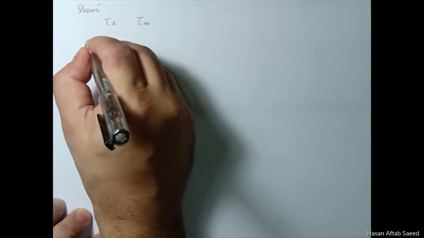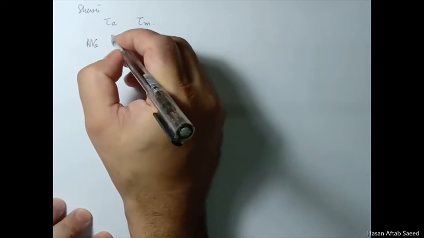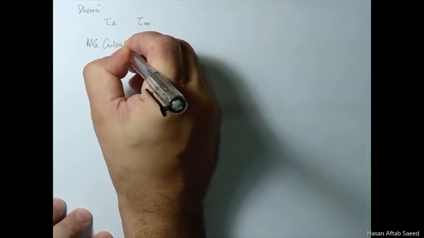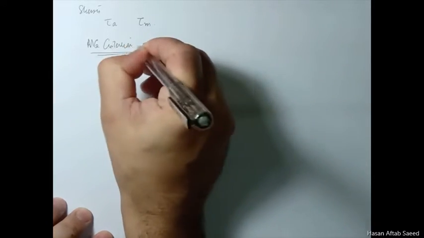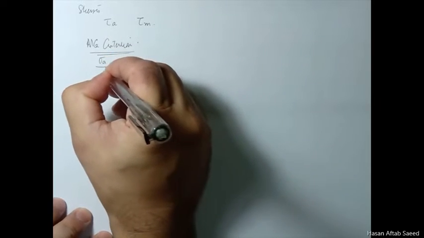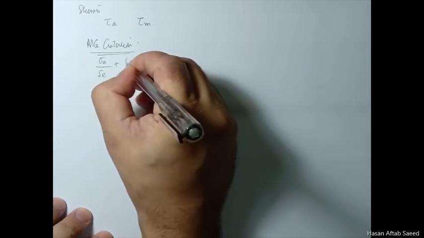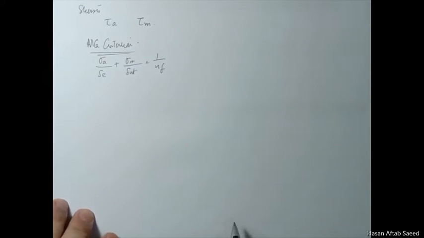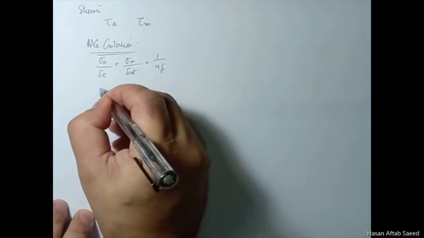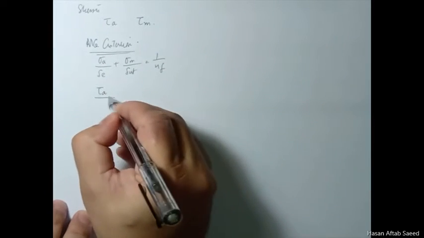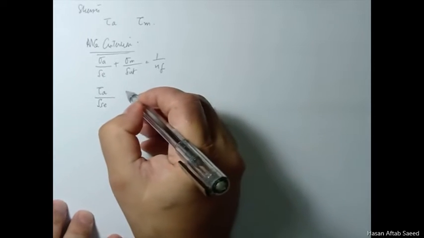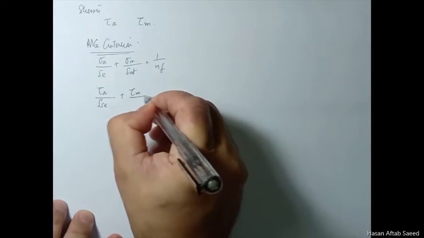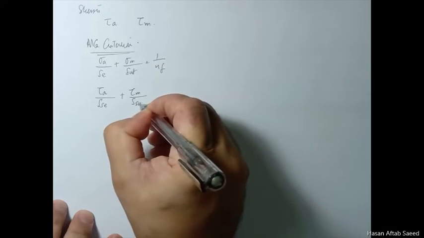If you recall the modified Goodman criterion for your normal stress case, it was something like sigma A over SE plus sigma M over SUT is equal to 1 over NF. This was your equation for the modified Goodman line design equation. Now just replace the shear equivalents of all these quantities, the shear counterparts. Simply this is all you do.